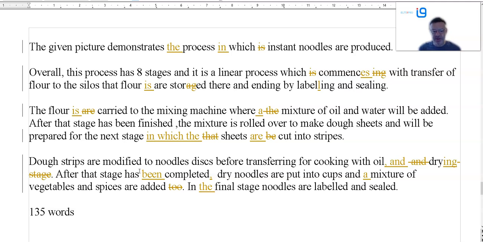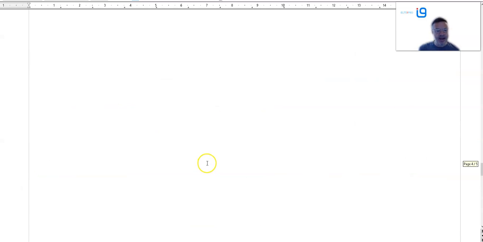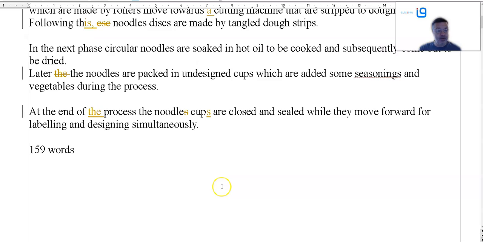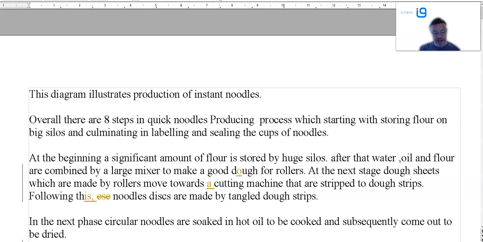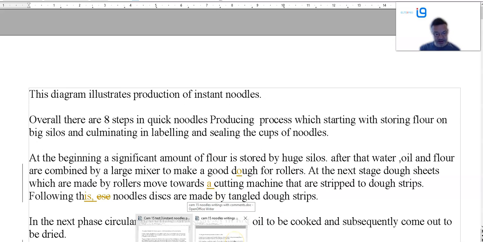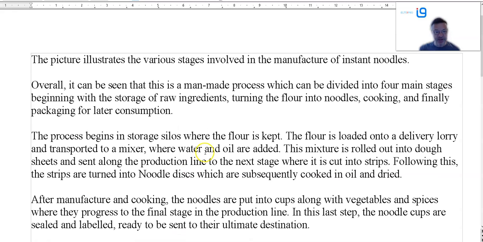They do have a purpose. So I would take a look at mine. Once again, you've got 135, 140, 150, 165 is good. 159. So this is what we've got to get used to for this. We've got to get used to padding, extending the sentences.